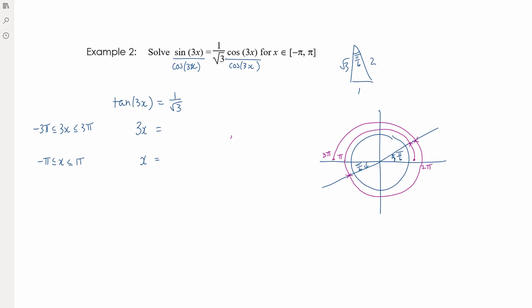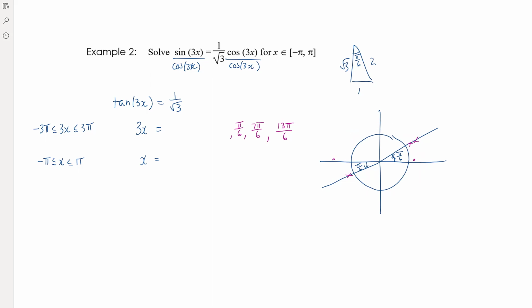So my positive solutions are going to be pi on 6, pi plus pi on 6, which is 7 pi on 6, and 2 pi plus pi on 6, which is 13 pi on 6. My negative solutions, if we go back the other way, again, so let's start, oh sorry, I lost my unit circle in all that.